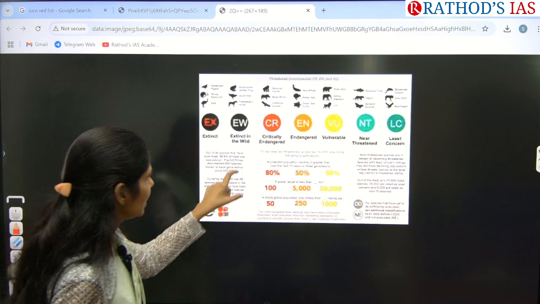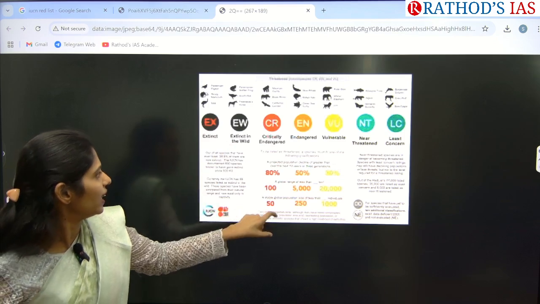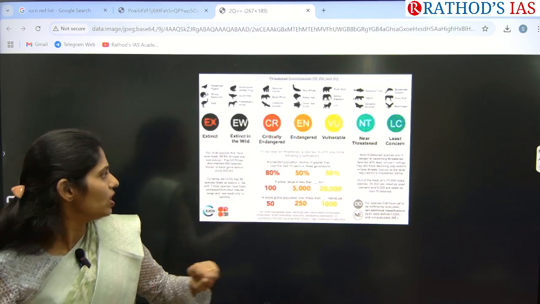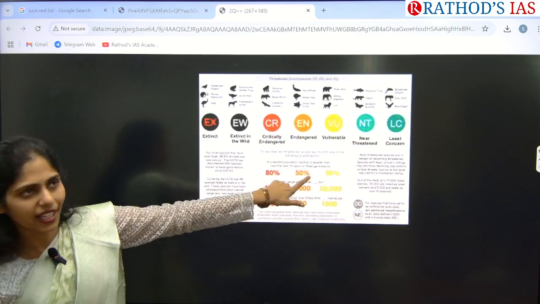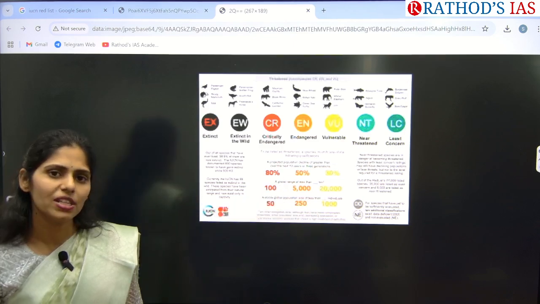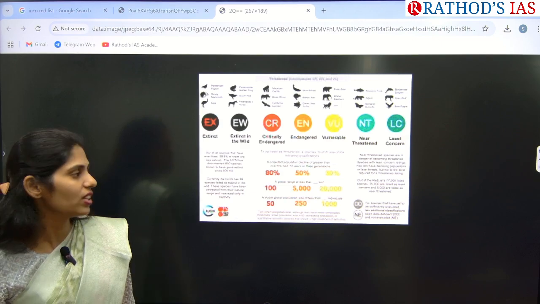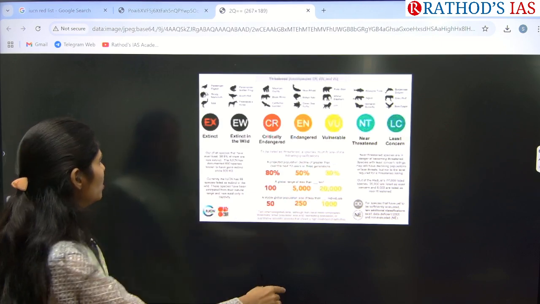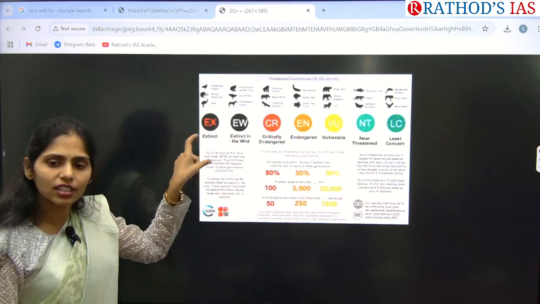And you have to see what the criteria is to call any animal critically endangered or vulnerable. If a 30% decrease in number has occurred, it comes under the category of vulnerable. A 50% decrease comes under endangered. An 80% decrease is called critically endangered. And there is a difference between extinct and extinct in wild.